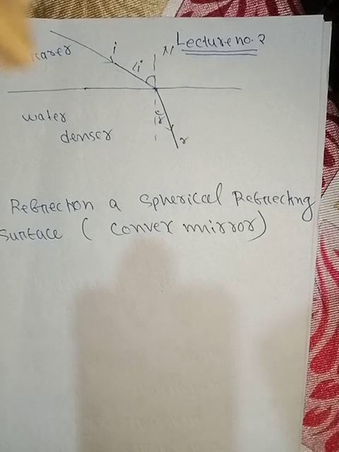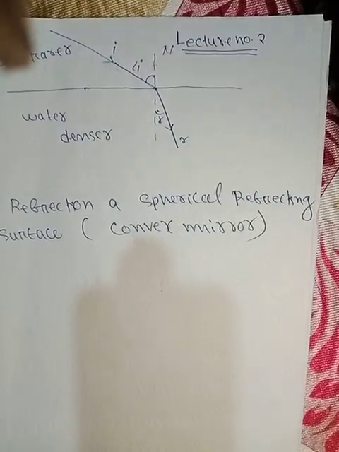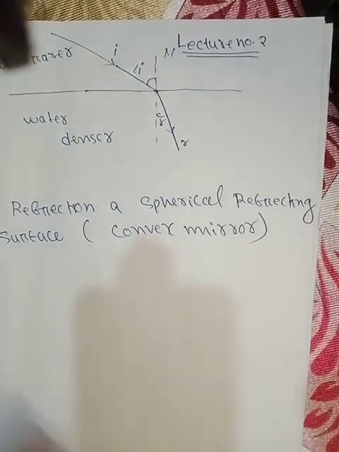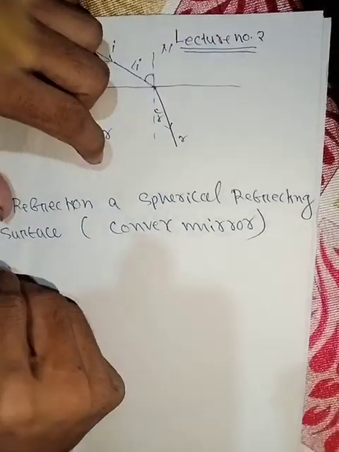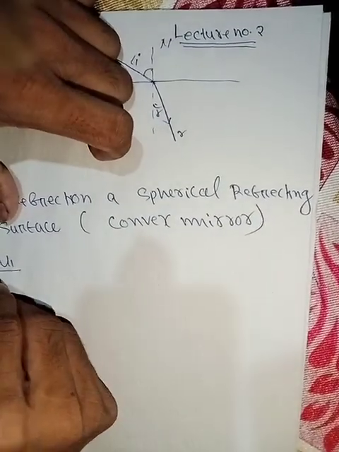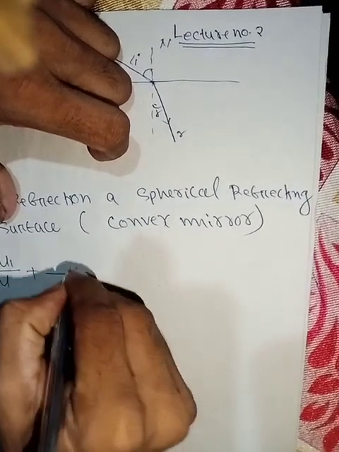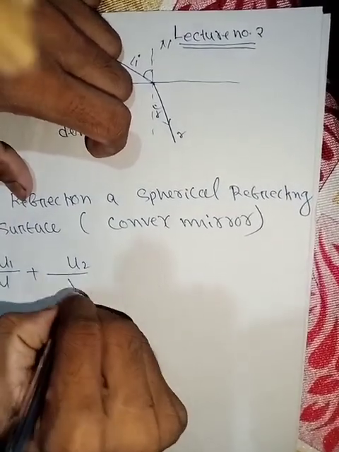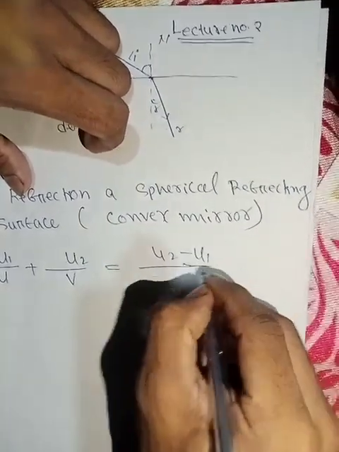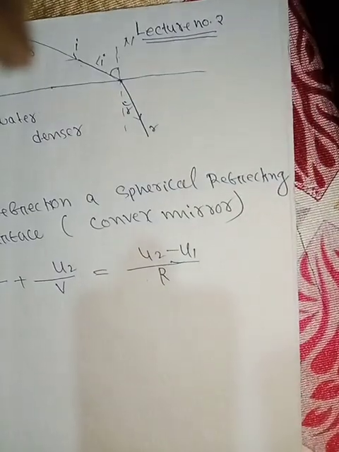So to derive this equation, refraction through the spherical surface, the equation will be mu1 by u, with a negative sign, plus mu2 by v is equal to mu2 minus mu1 divided by R. R is called what?